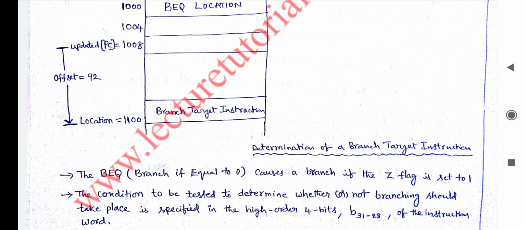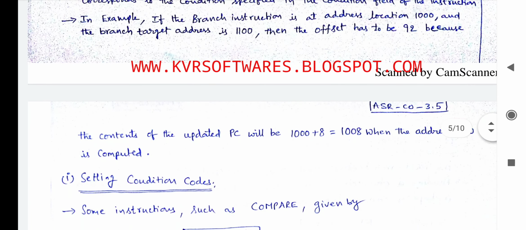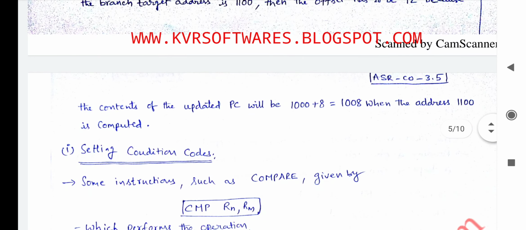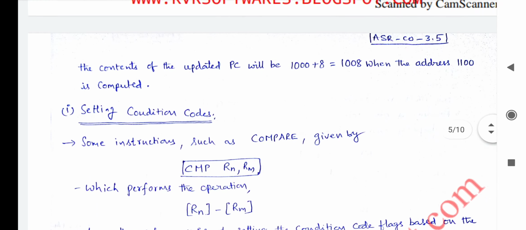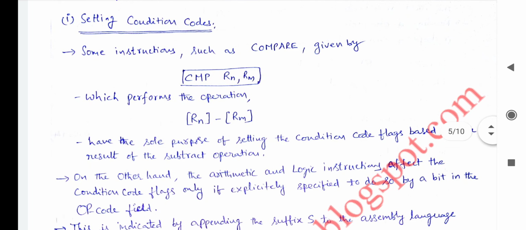Updated PC is equal to 1008, and when both are added, 1008 plus 92, you get the location value, that is 1100. Here, the content of the updated PC will be 1000 plus 8 when the address 1100 is computed, right?